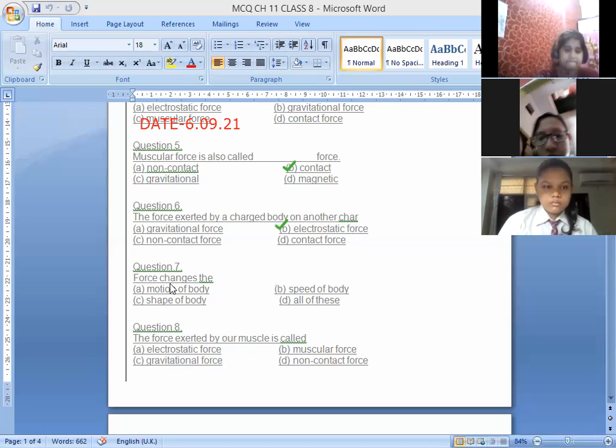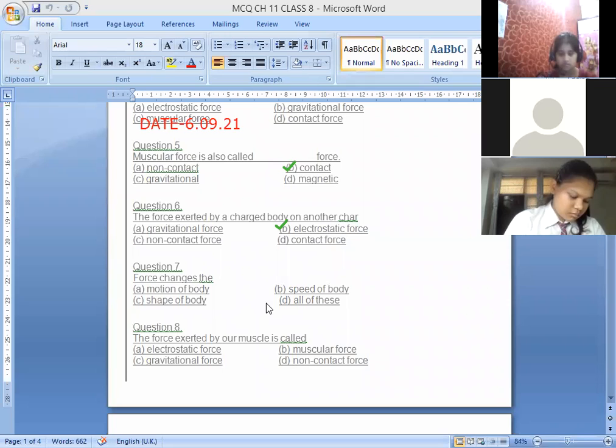Next is the force changes the dash of motion. So what can be changed with the help of a force? Anya, roll number 1. Ma'am, all of these, because motion of an object can change.